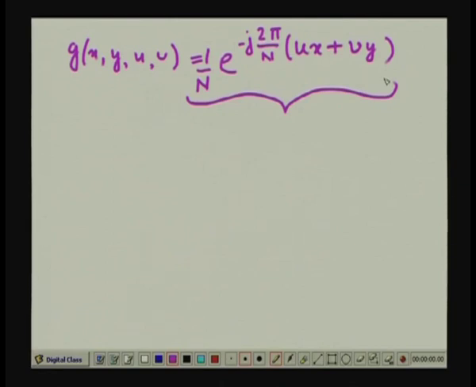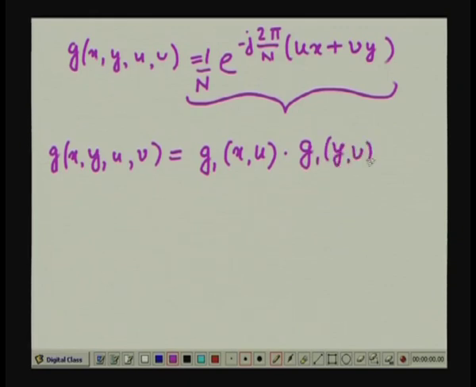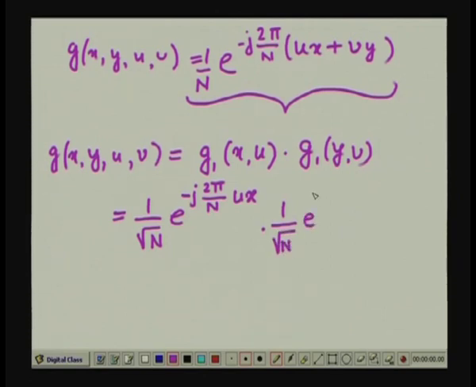Obviously, this transformation is separable as well as symmetric, because I can now write this g(x,y,u,v) as g1(x,u) multiplied by g1(y,v), which is nothing but 1 over square root of N e to the power minus j 2 pi by N ux into 1 over square root of N e to the power minus j 2 pi by N vy.